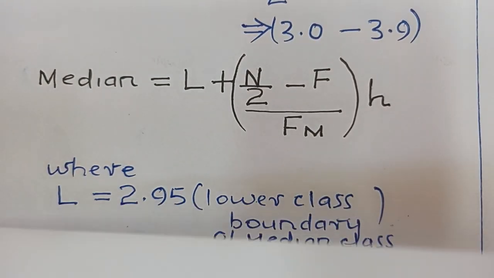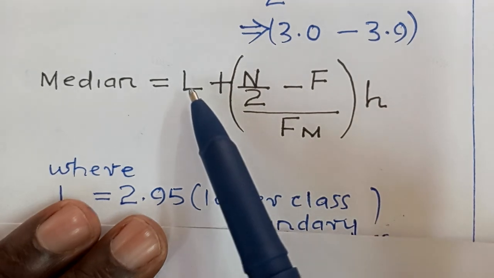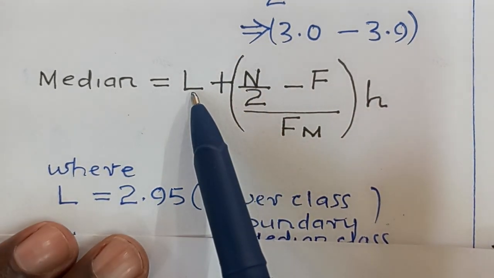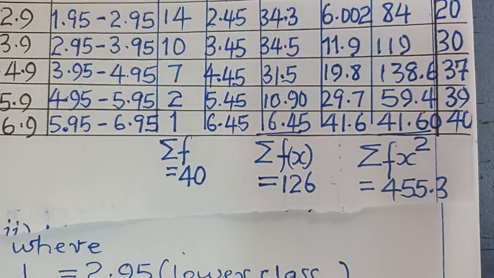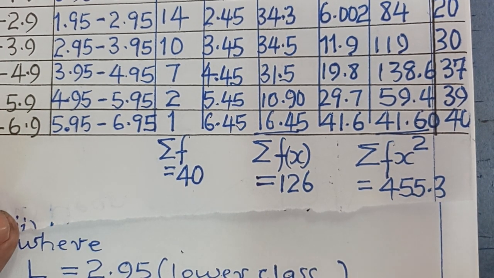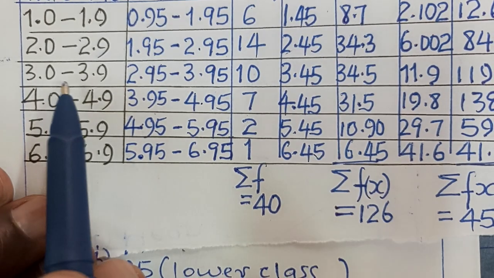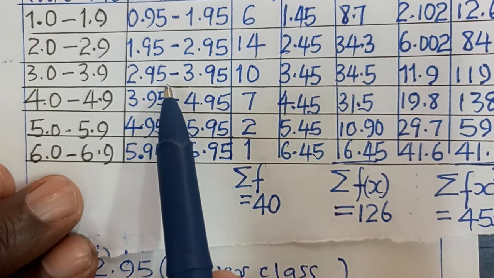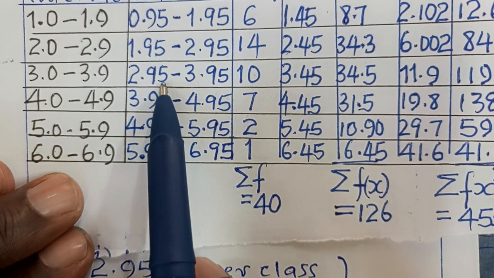From there, guys, we now use this equation. We have the lower class boundary L, the lower class boundary of the median class. Our median class is 3.0 to 3.9, and so the lower class boundary is 2.95.